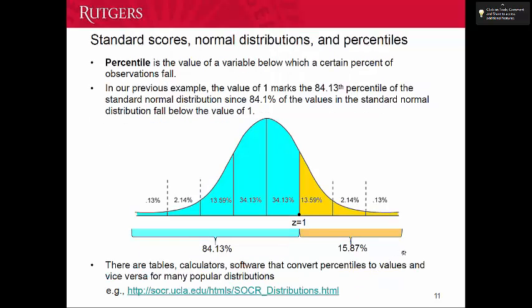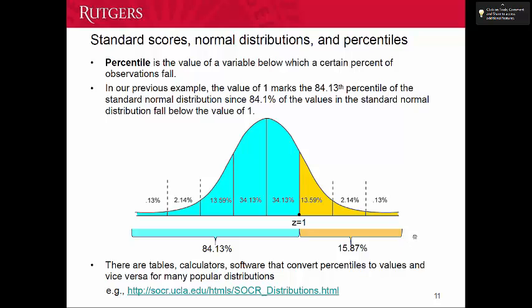Now we will take a look at the percentile. The percentile is the value of a variable below which a certain percent of observations fall. For example, we know that the center of the standard normal distribution is 0, so 50% of observations fall below 0. So 0 marks the 50th percentile of the standard normal distribution.